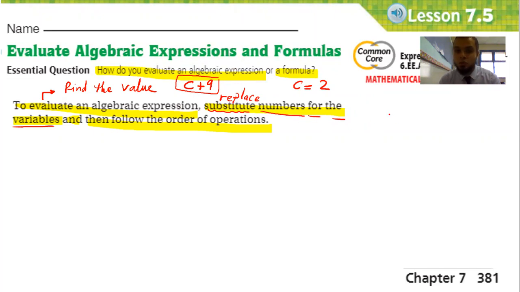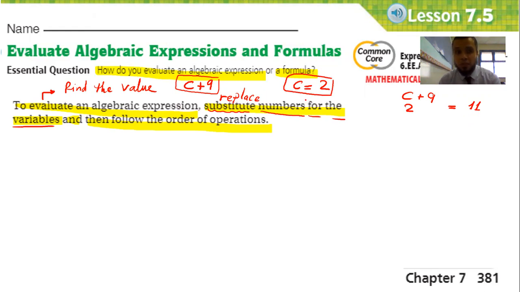Yeah, so you're going to put 2 instead of c. Here c plus 9 equals 11. Why? Because we substitute 2 instead of c. So the answer is 11, if you know c equals 2. This is an example of evaluating an algebraic expression.